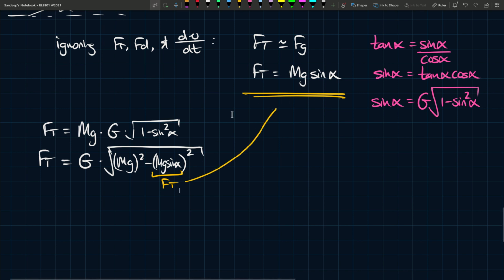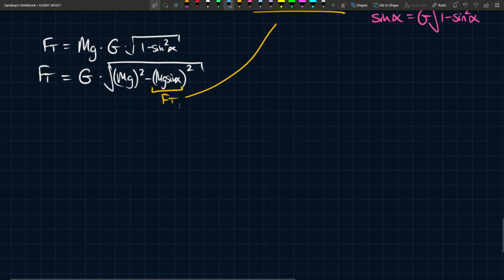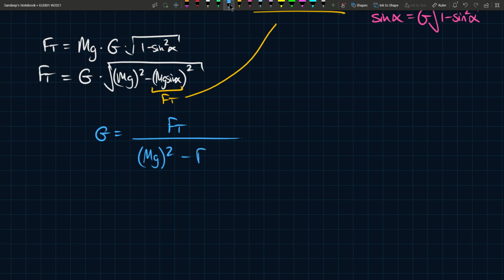So if we have those two things that are true, then you can rewrite this entire expression as G is equal to Ft divided by the square root of (mg squared minus Ft squared). And we refer to this as the gradability.